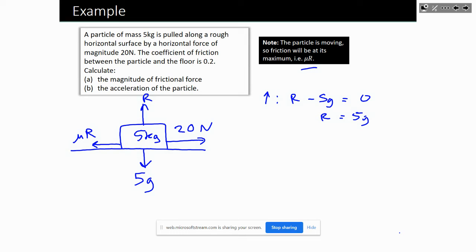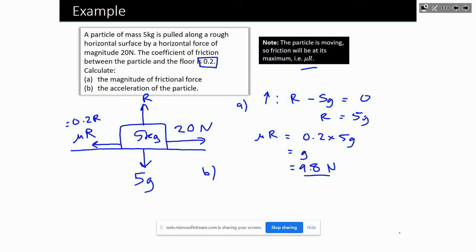I'm more interested in my frictional force. So mu R therefore is going to equal, because mu is 0.2, 0.2 R. So mu R is going to be 0.2 times 5g, which is just going to equal g, or 9.8 newtons. And that's A.